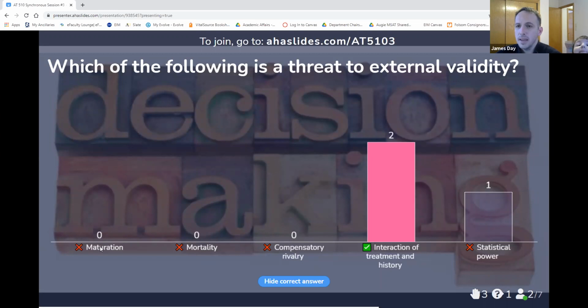Compensatory rivalry is the idea that if individuals know what groups they're in and they believe that they're receiving a lesser treatment, they may try harder to be better to make up for that, right?